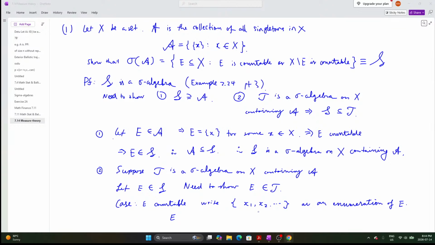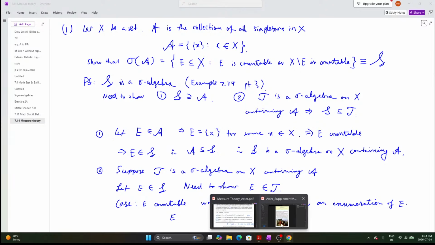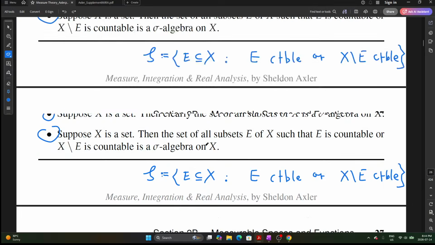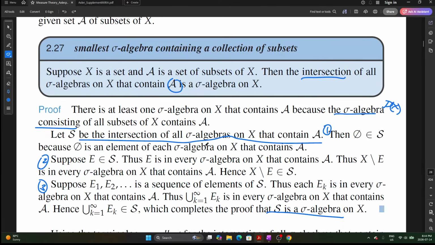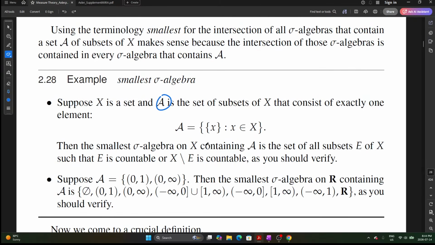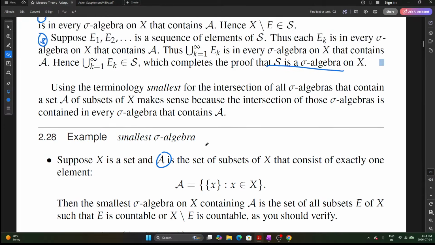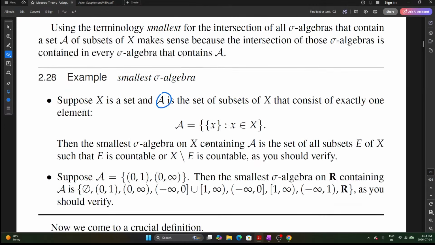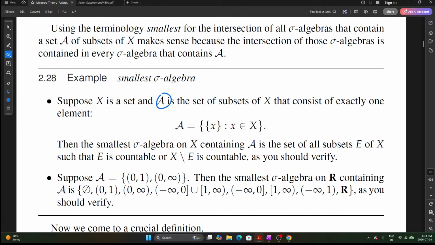Every sigma algebra that contains A. Is there any hint in X? Or do we use the idea of the proof, taking the intersection of all the sigma algebras containing A?